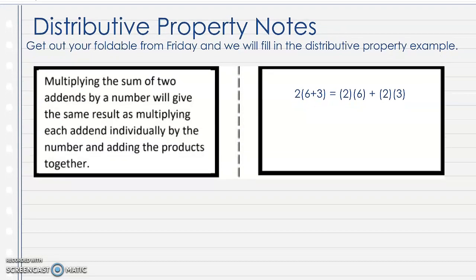Okay. So today we're going to continue with our properties notes that we started yesterday. We left the distributive property blank and saved it for today. So go ahead and open to that page, and we're going to be filling out the distributive property flap.